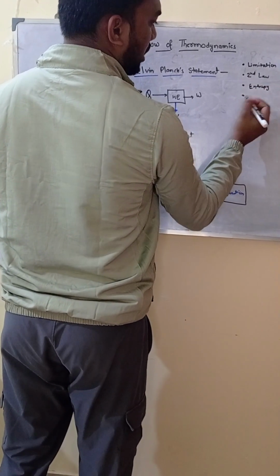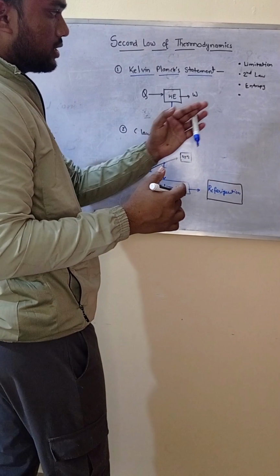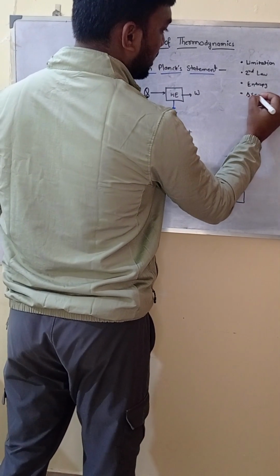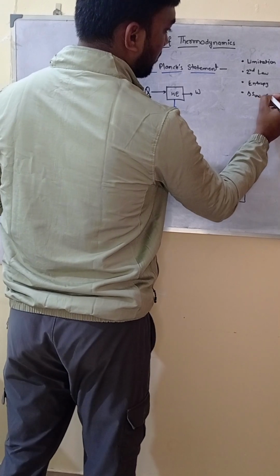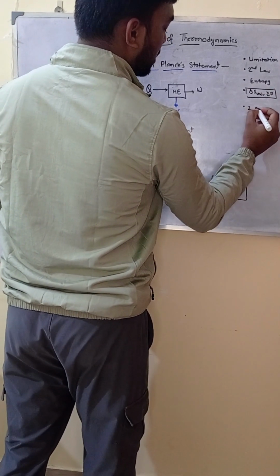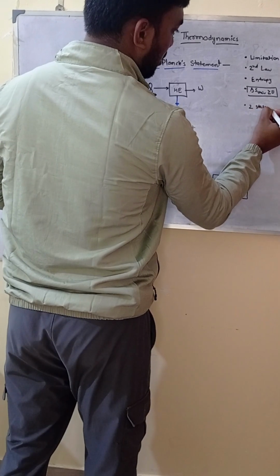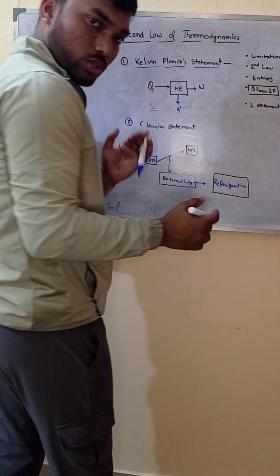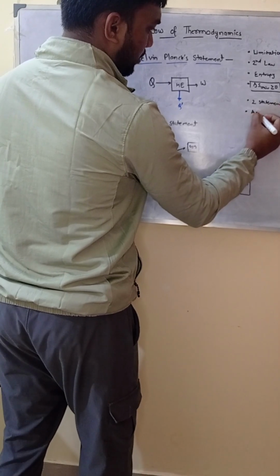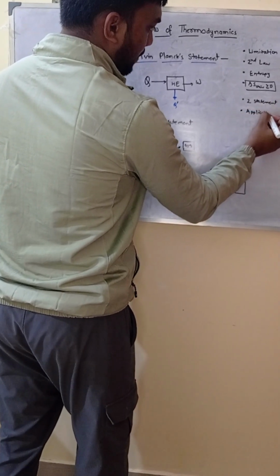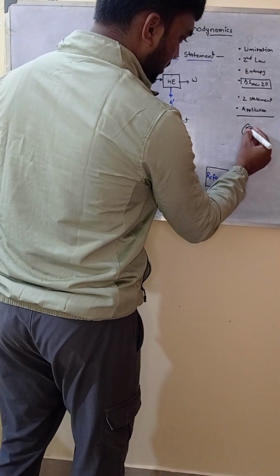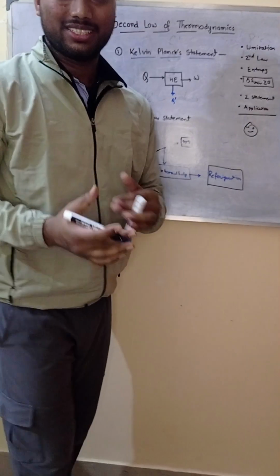We have also seen how the statement of the second law is valid with a real life example, and we have studied two statements proposed based on the second law of thermodynamics. Finally we have also looked into the application part. So that's all from my side. Hope we will meet again.